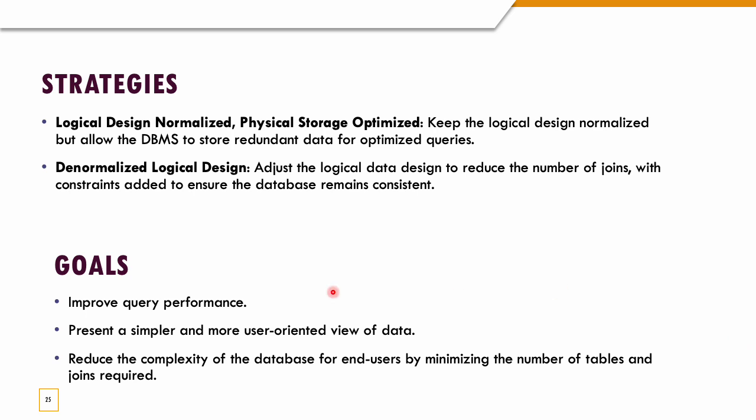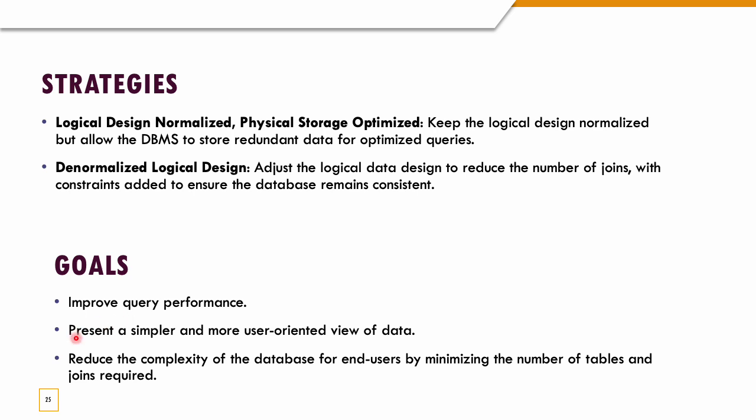Okay, so what are the goals of denormalization? It's improving the query performance. By reducing the number of joins and potentially storing pre-computed data, denormalization can make critical queries faster, especially in cases where large datasets are involved.